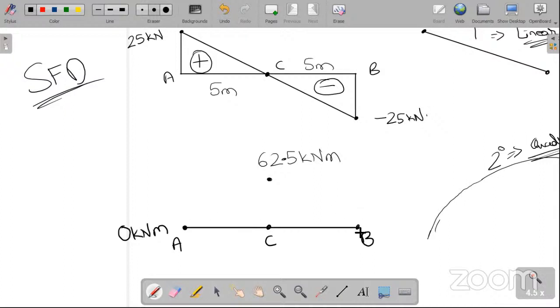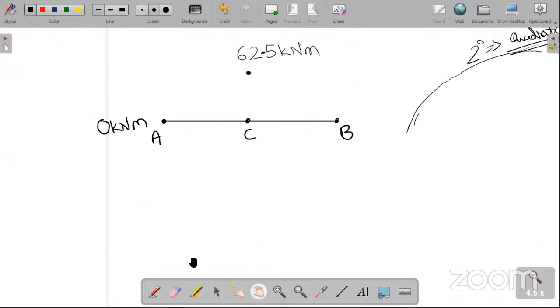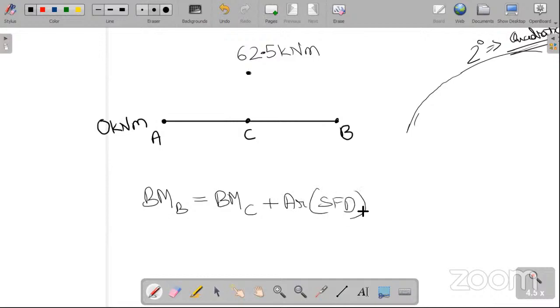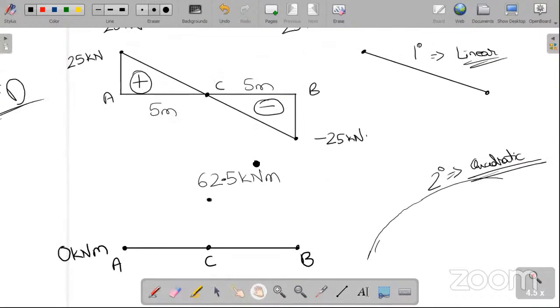And now at B, what will be the bending moment? Bending moment at B will be equal to bending moment at C plus area of shear force diagram from C to B. So bending moment at C is 62.5 plus the area of shear force diagram from C to B. What is that area?